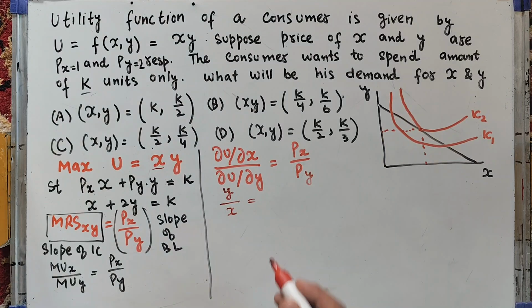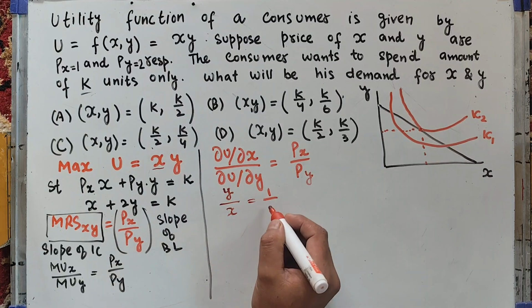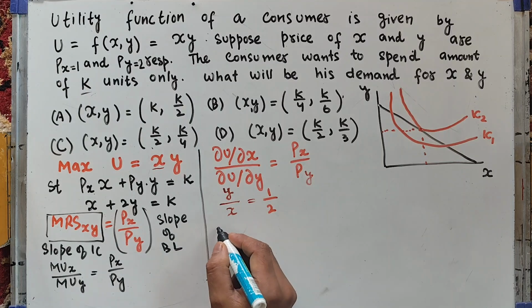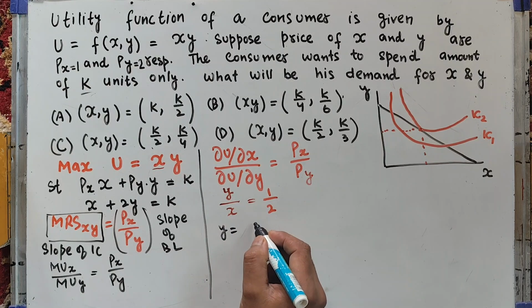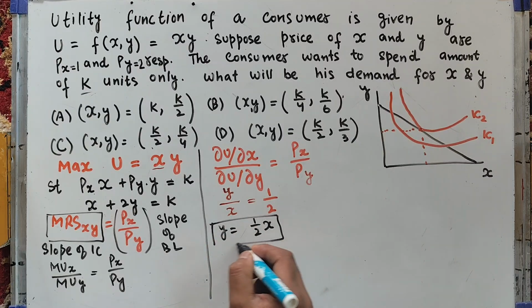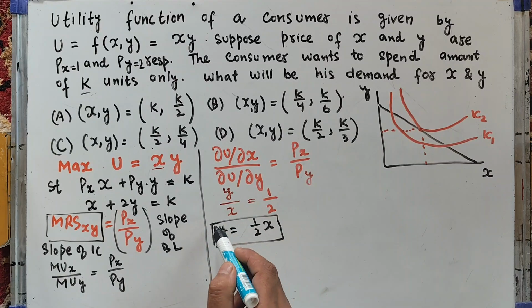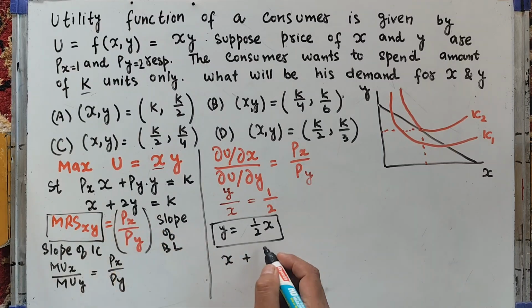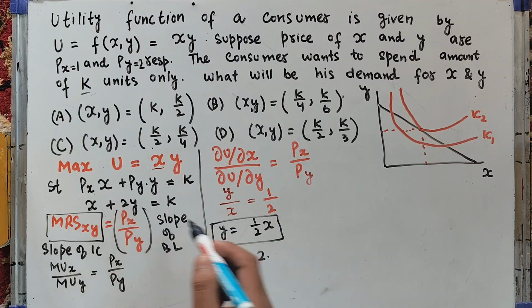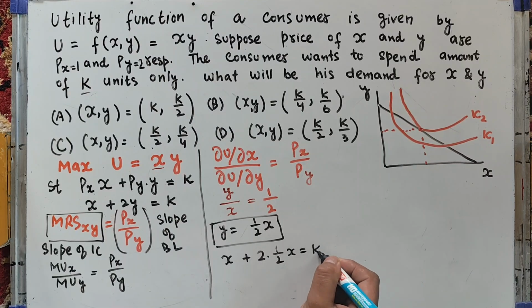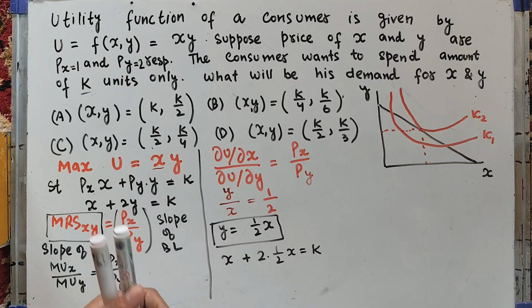We know that the price of good x is 1 and the price of good y is 2. Solving this for y, y will be equal to 1/2 x. Now plug this value of y into the budget constraint. We get x plus 2 times 1/2 x, and it should be equal to the amount the consumer wants to spend, which is k.